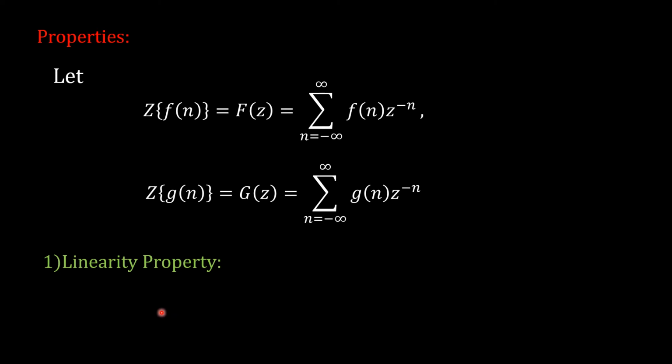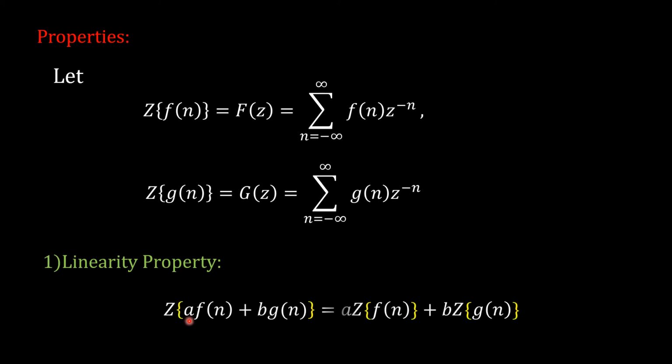So the first property is the linearity property, which is defined as Z transform of a f of n plus b g of n is equal to A into Z transform of f of n plus B into Z transform of g of n, where A and B are scalars.